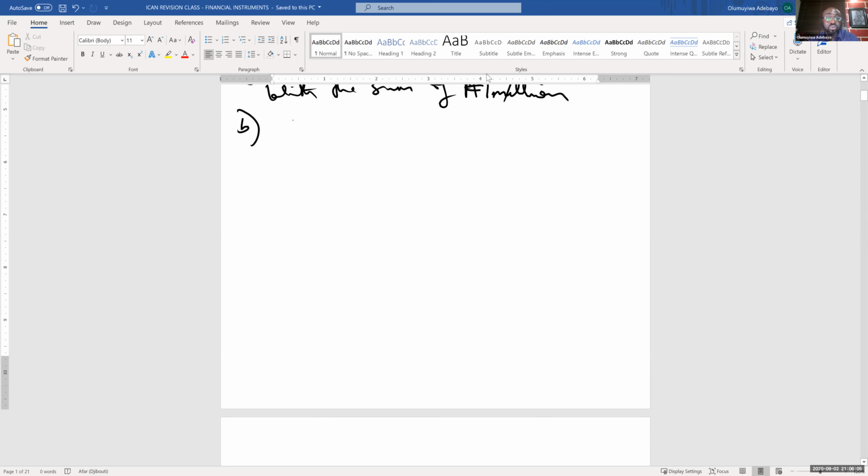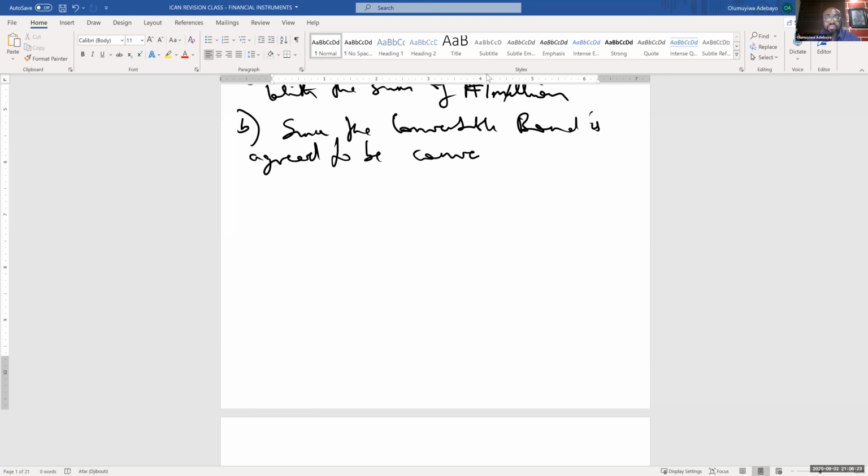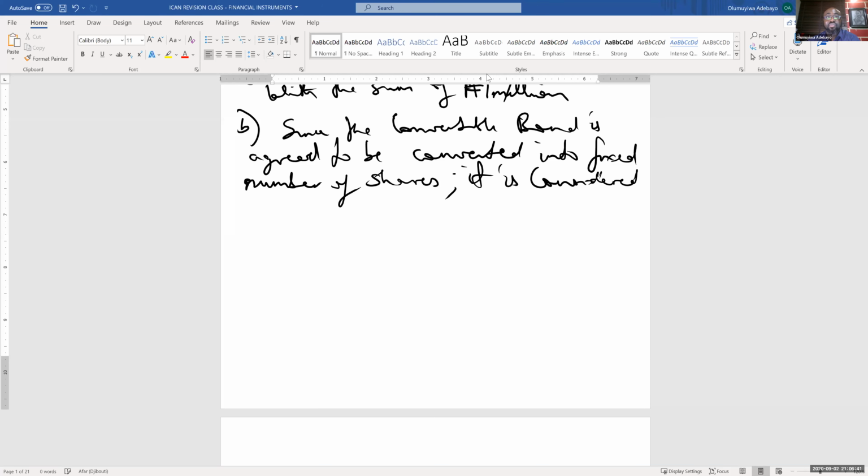Now, since the convertible bond is agreed to be converted into a fixed number of shares, it is considered a compound instrument.